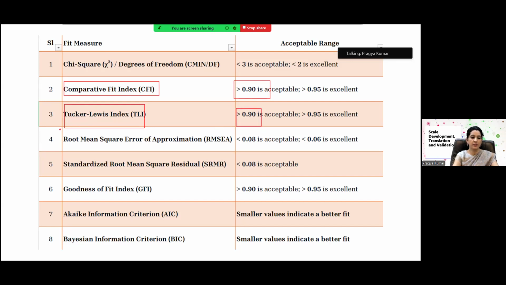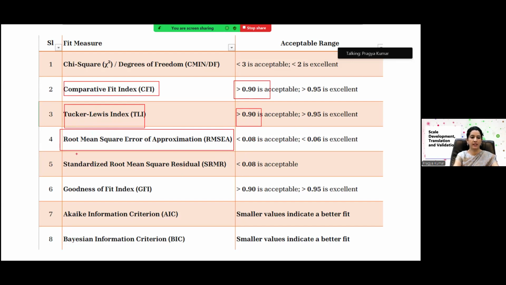There's another measure known as the root mean square error of approximation, RMSEA. A lower value is desirable in this case. Less than 0.08 is acceptable. If the value is less than 0.06, it is excellent.